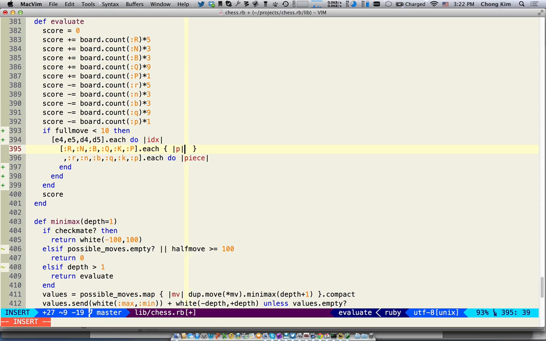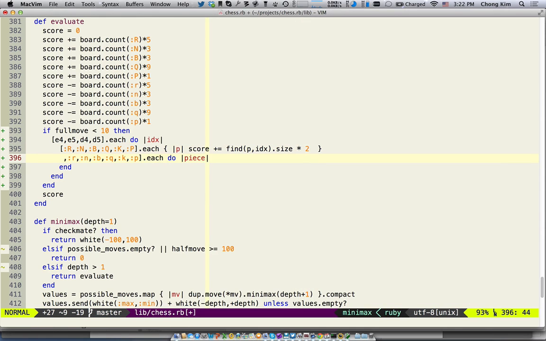So P score plus equals, find the piece that can go to the square, and we do a size. And how much do we think it's worth? Let's just say it's worth just 1 pawn. Actually, let's say it's worth 2 times 2.